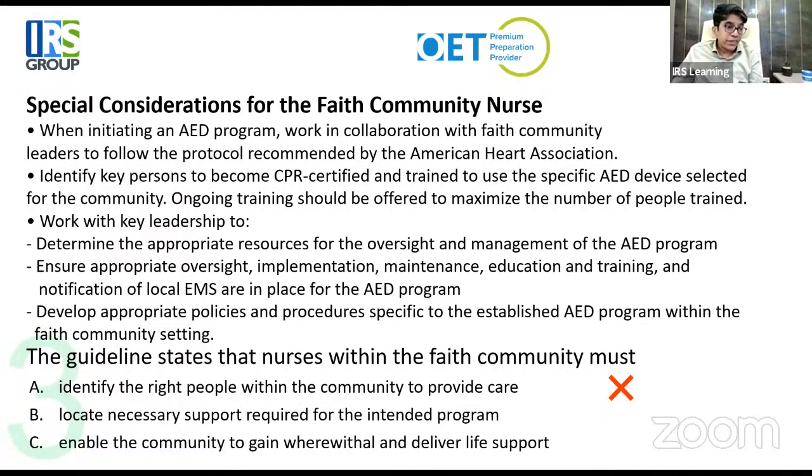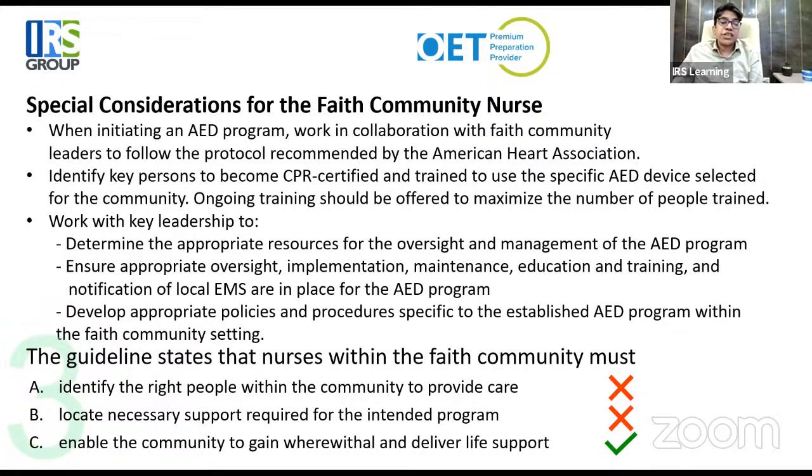If you look carefully, it's one of the bullet points. Identify key persons, which is basically the second bullet. It's not locating necessary support, but it's enabling the community to gain wherewithal and deliver life support. That's the overall idea, the overarching theme of this text.